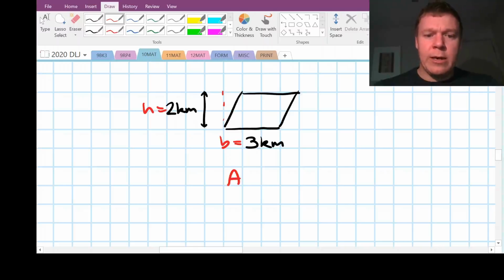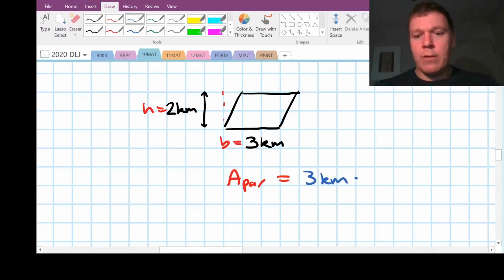So our area of our parallelogram is going to be 3 kilometers times 2 kilometers equals 6 kilometers squared.